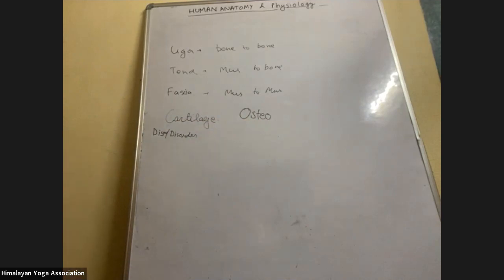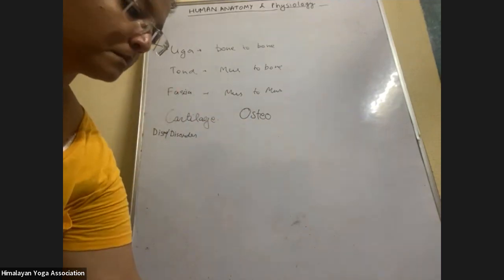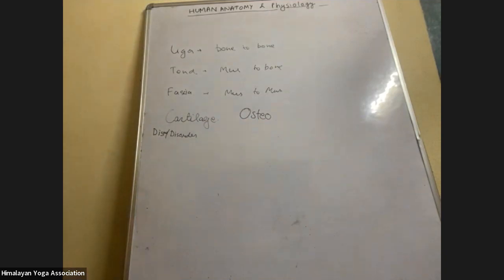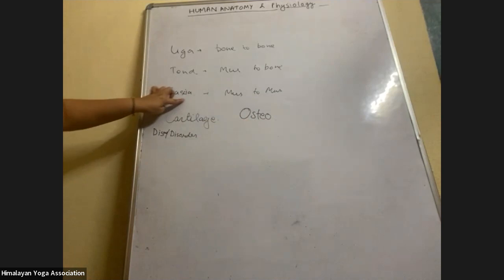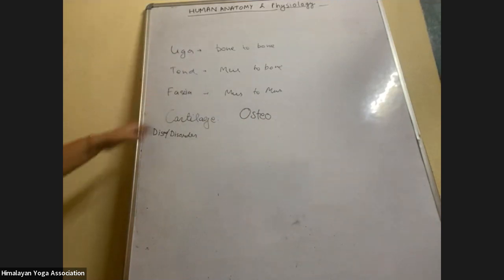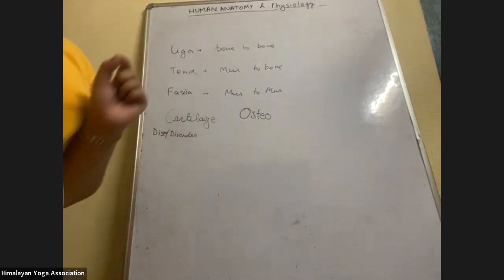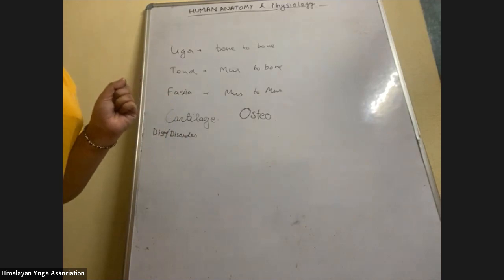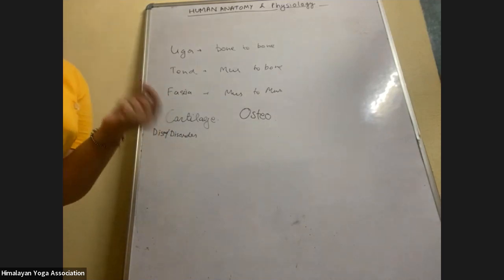Okay, then next is sprain. What is sprain? We have these connective tissues, and if you stretch them beyond their capacity, like when you're practicing any asana, it is advised that you practice a little bit beyond your capacity.